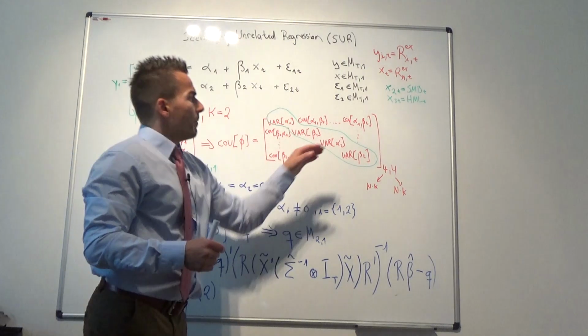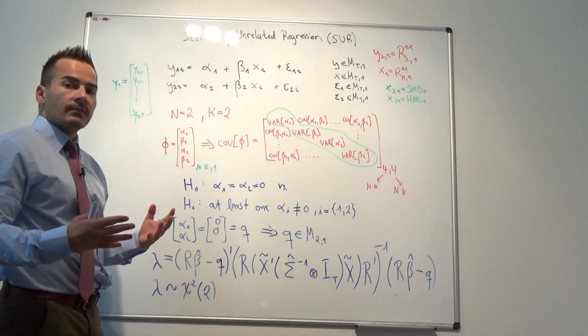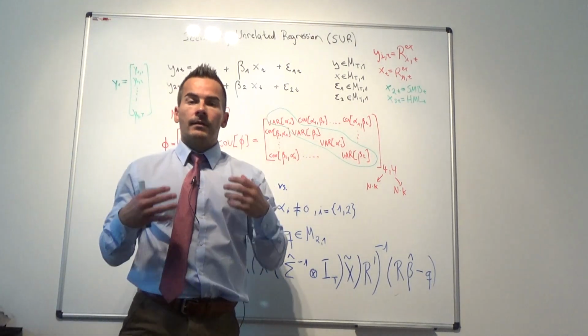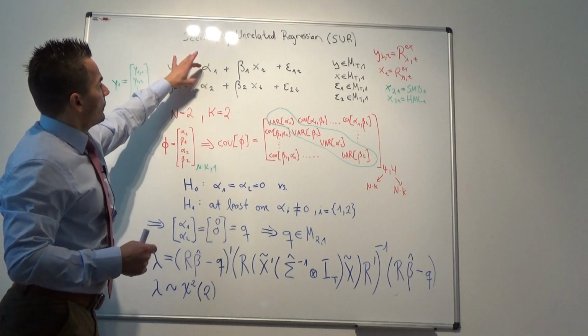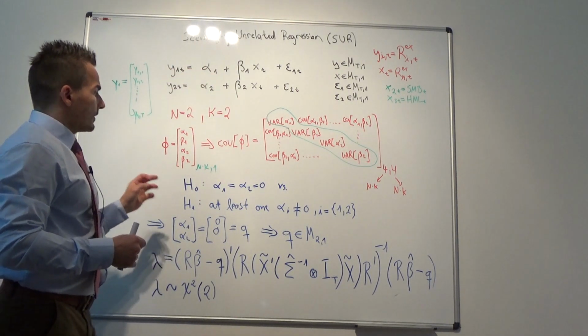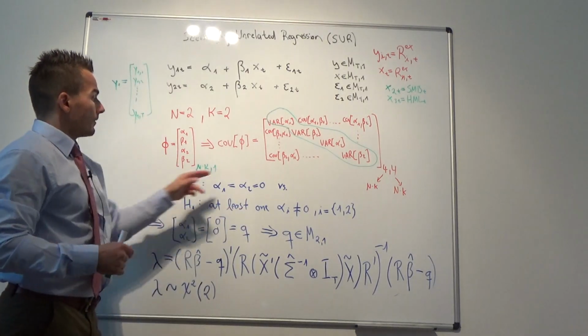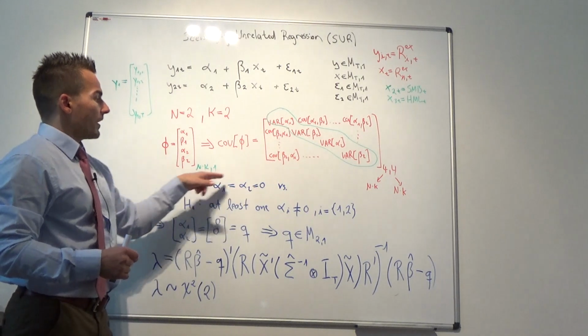So let's go back here to the pricing test, the so-called GRS test, that you often hear about in asset pricing research. Let's say we want to test if the intercept terms here are jointly statistically significant. Under the null hypothesis, they are 0.